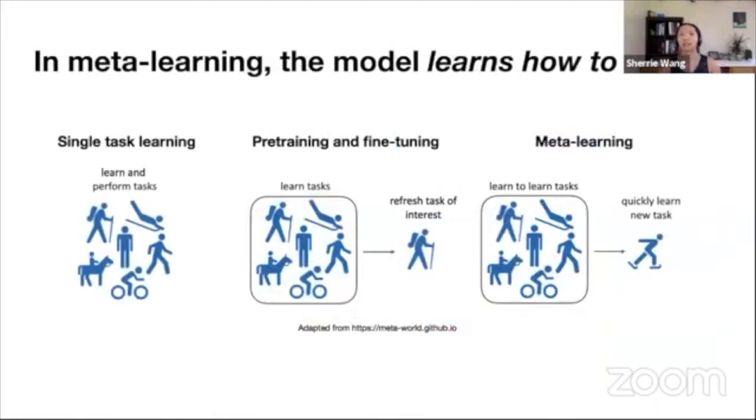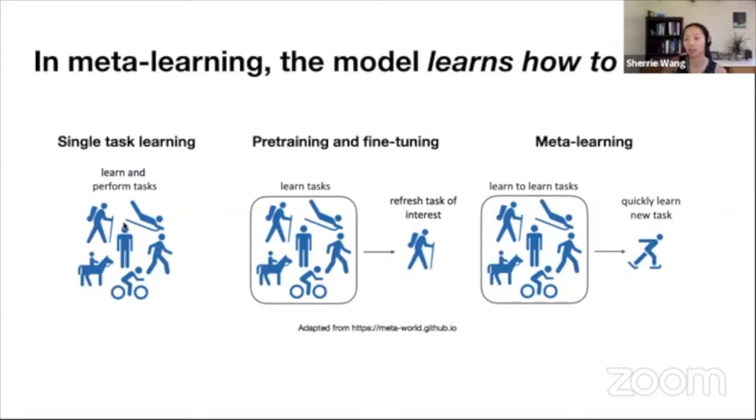So instead of trying this direct transfer, we're going to explore a set of methods called meta-learning. And under meta-learning, the model is learning how to learn. So to explain what that means, I'm going to contrast that against 2 types of learning that people may be more familiar with.